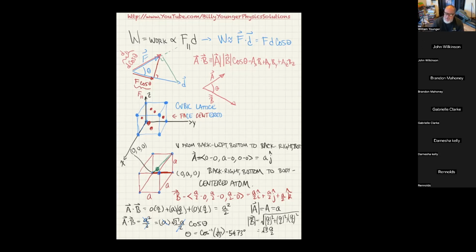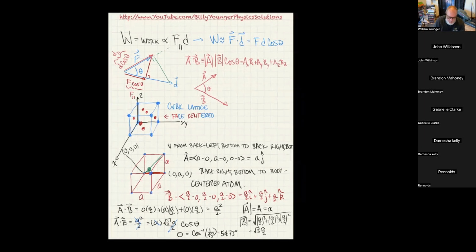So we represent a window's area by a vector that's perpendicular to the window and whose length is exactly equal to the area of the window. So if you dot product the electric field with that vector, then you're only going to get the component of the electric field that's perpendicular to the window. So that's another time we can use it.